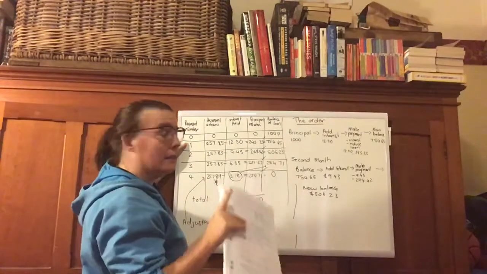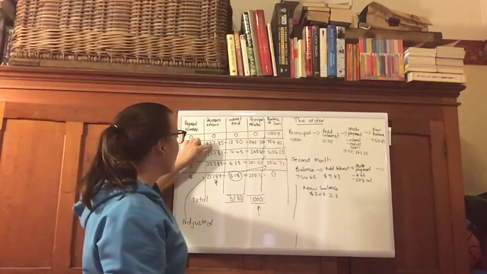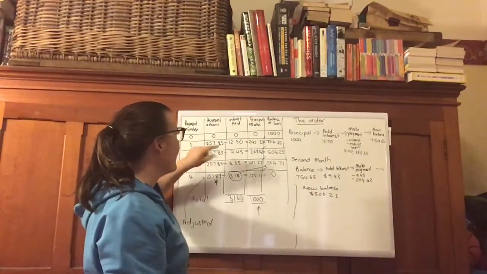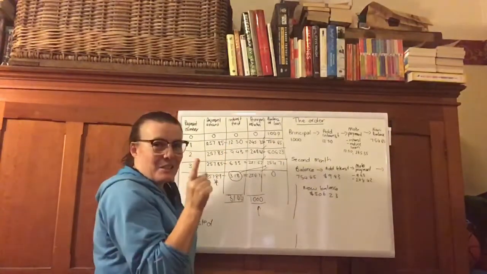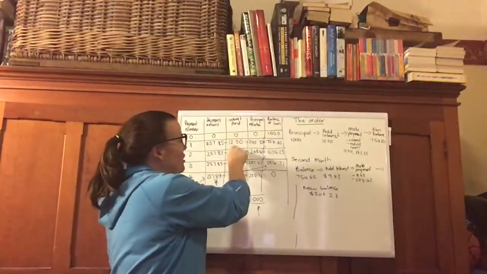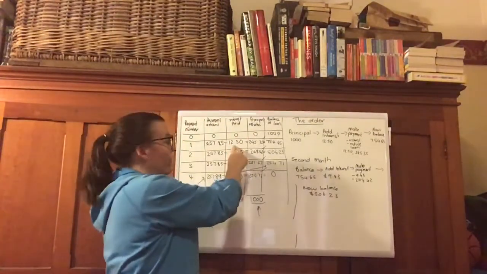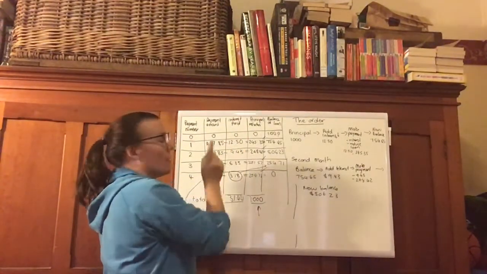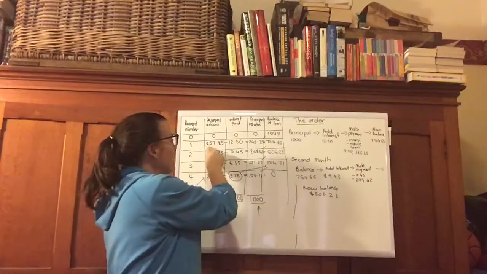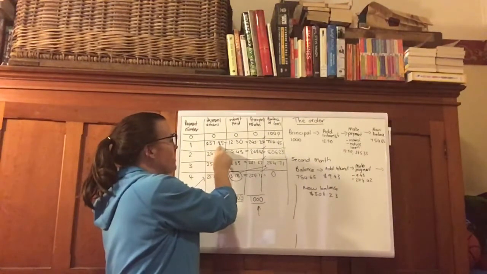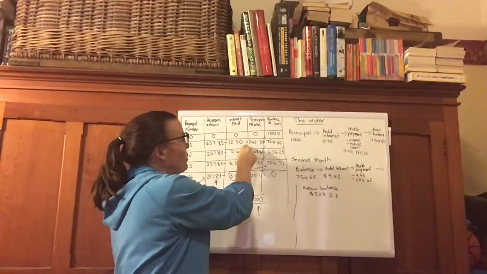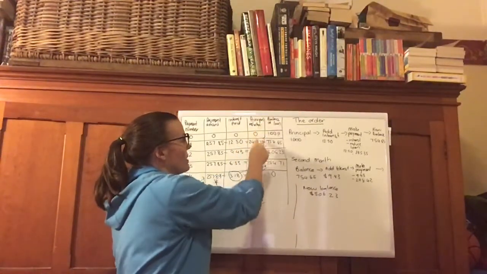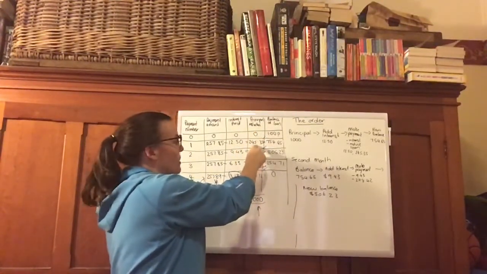Payment number 1. It's going to be $257.85. The first thing that's going to get paid is the interest of $12.50. So if you think about this sum, this amount, the payment amount minus the interest equals how much the principal is going to be reduced.